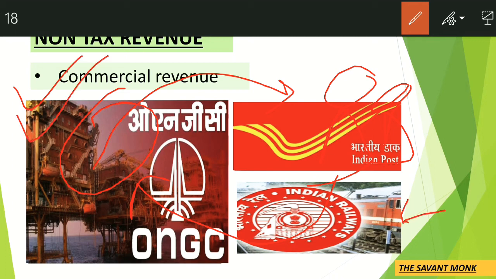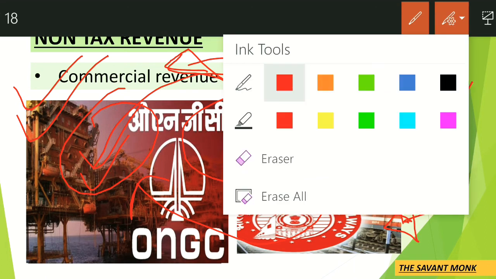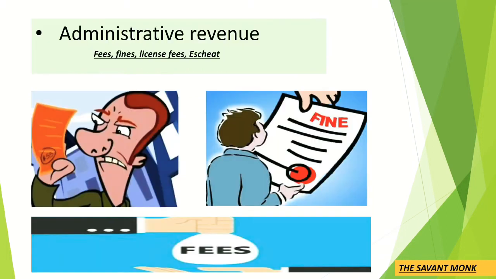For example, if we take a train, then that money goes into the pocket of the government. Similarly, if you use Indian Post, then the money that you pay for post will go to the government's pocket in the form of commercial revenue. Here the service is provided by the government, and in return you are providing money to the government.